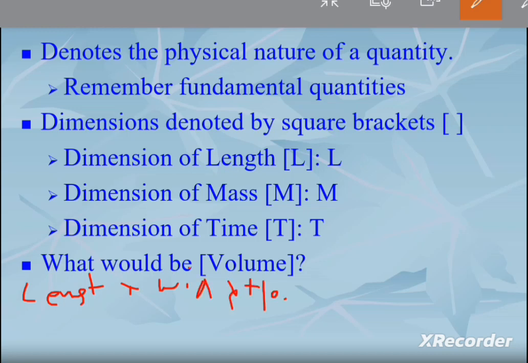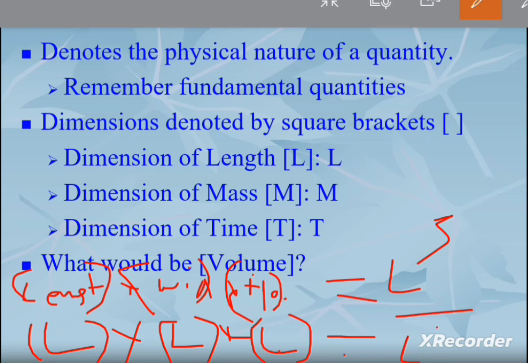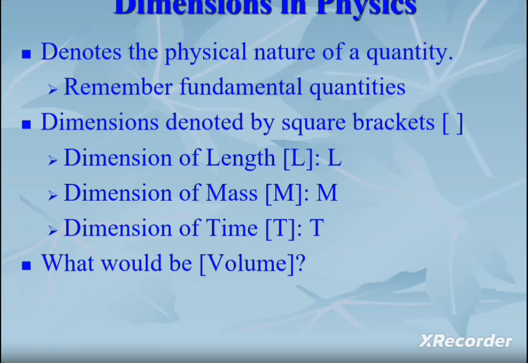Brackets, brackets, brackets, which are going to be L cubed, because it's going to be length times length times length. So your answer is L cubed. I hope I have answered that question for you.